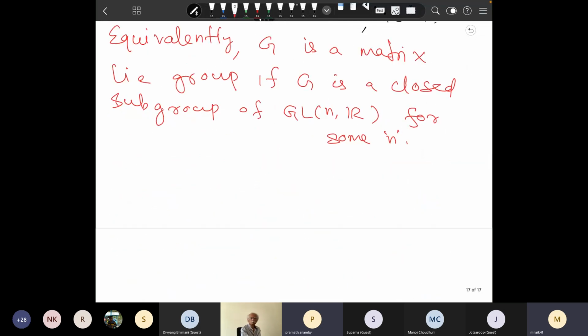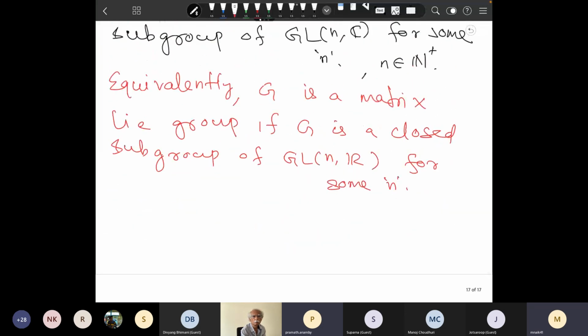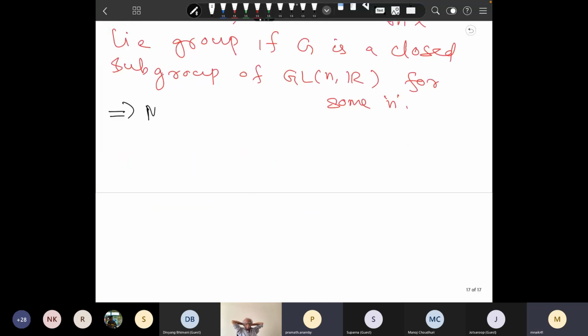There is a theorem called Cartan's theorem, which says that if G is a Lie group and H is a closed subgroup of it, then H is also a Lie group. You can put a differentiable structure on H, and therefore H is also a Lie group. This implies matrix Lie groups are Lie groups.